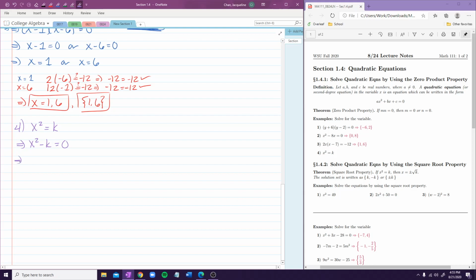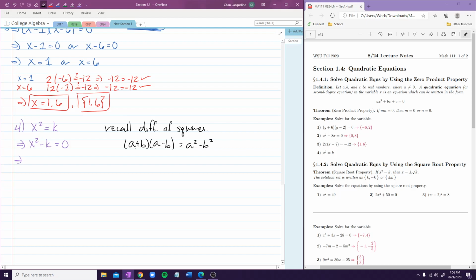If I do the AC method, actually, you could, but I don't want to do it. Recall the difference of squares: a plus b times a minus b is equal to a squared minus b squared.